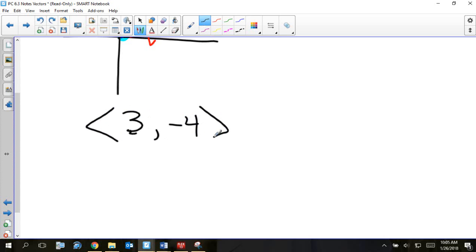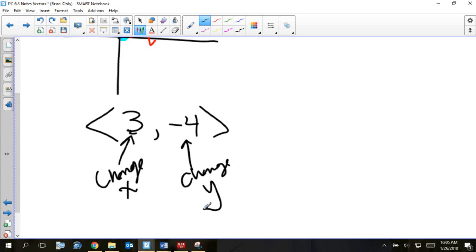The component form is the change in the x and the change in the y. So if I have any vector at all, and I want to add on this vector, then from the end of this one, I'm now going to go 3 on the x, -4 on the y.